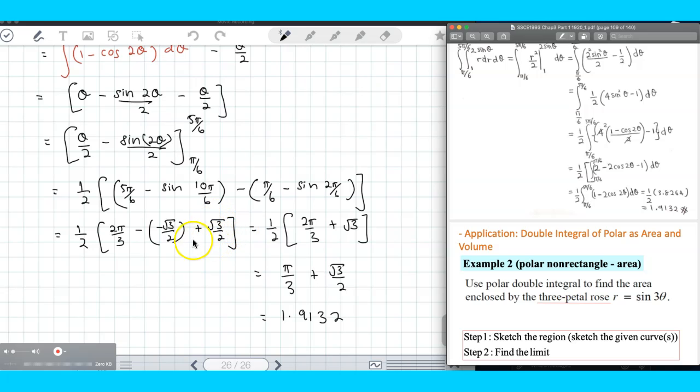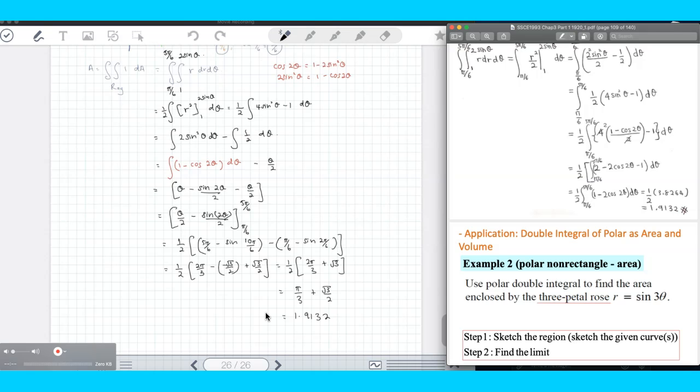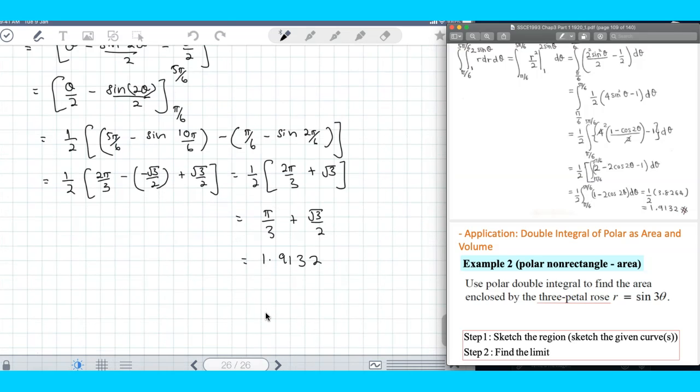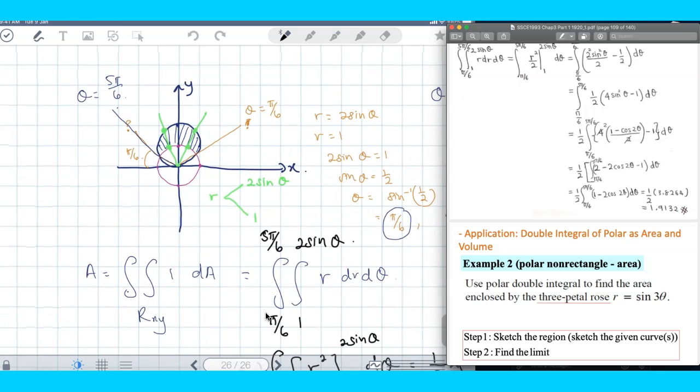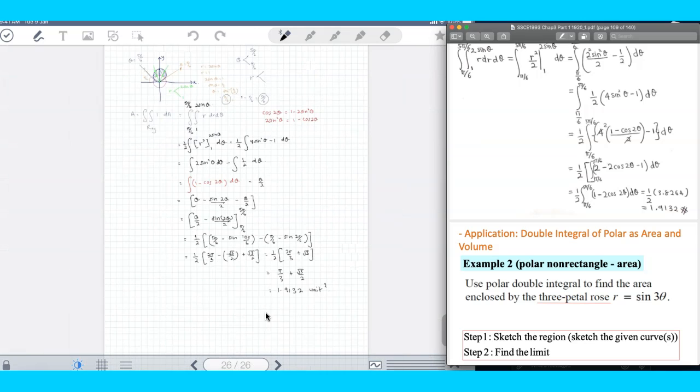We will get this, and when we simplify, we will get 1.9132. Okay, so that is the area, in unit squared. The area of this particular region.